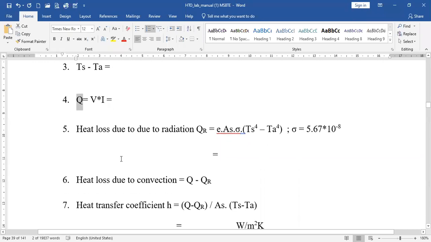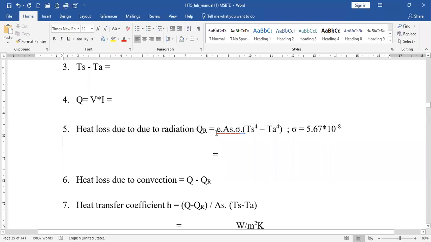Then we have to consider the heat loss due to radiation, because in this experimental setup you can observe that there is a duct surrounding the copper tube. So radiation losses may be there, and you can calculate them.